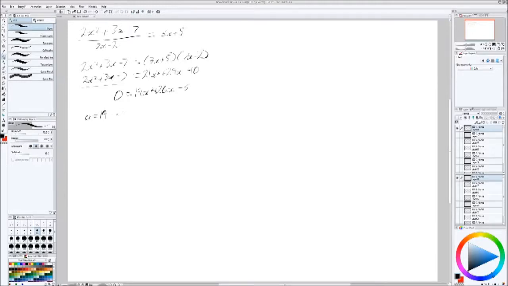So A is 19, B is 26, C is negative 3, which means x equals, oh, this is going to be horrific, negative 26 plus minus the square root of 26 squared minus 4 bracket 19 times negative 3.